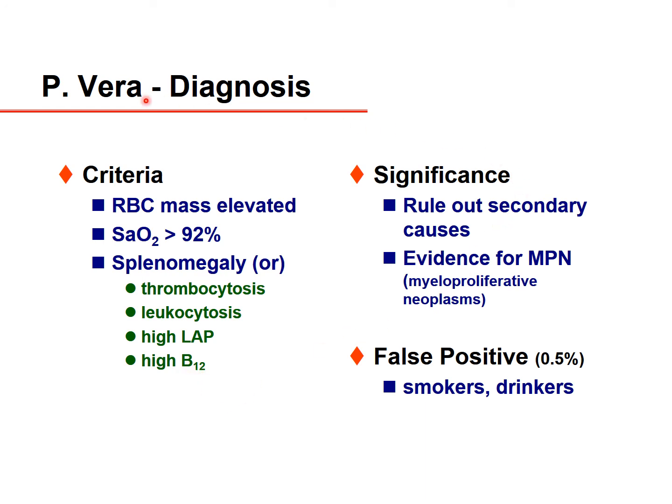In any case, when we have a polycythemia vera, we have to differentiate it from the secondary causes, and from myeloproliferative neoplastic diseases as well. And in smokers and drinkers, again, we can have a false positivity for polycythemias as well.